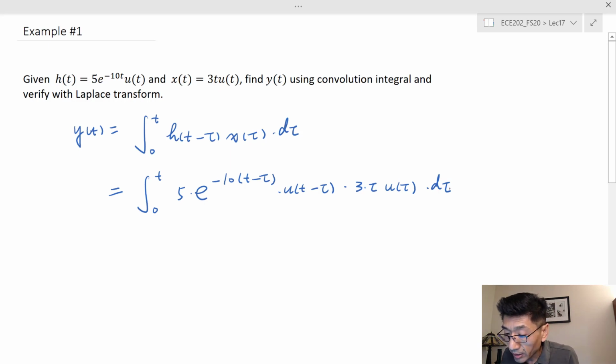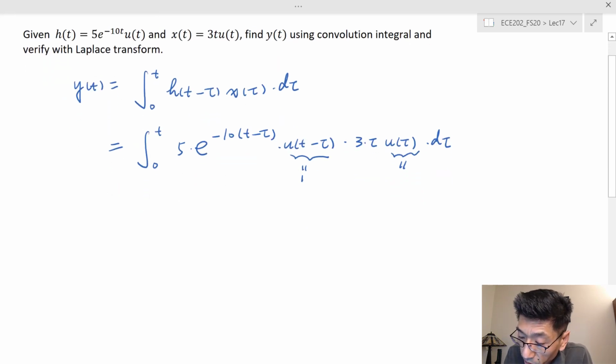In this case, the first thing we recognize is that u(t minus tau) is going to be equal to 1 when tau is between 0 and t, because the t minus tau is going to be positive, right? So that's 0 and 1, and u(tau) is also equal to 1. Therefore we can just drop these two terms, and I multiply 3 and 5, we get 15.